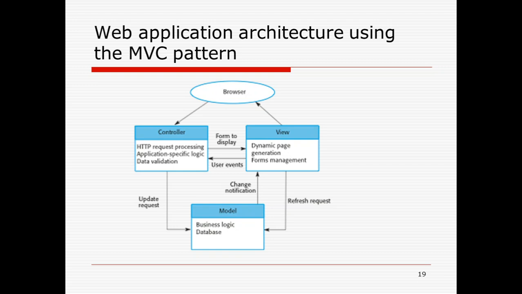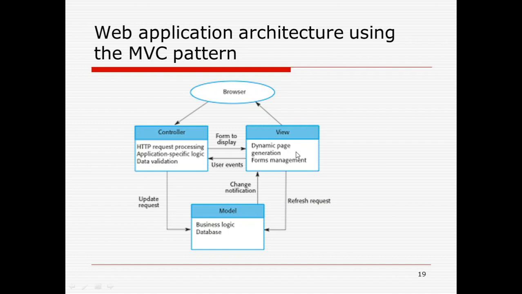So for web application architecture, the MVC pattern can be of this sort. Because it is viewed in the browser, the browser interacts with two components, the controller and the view. Every user passes commands through keyboard or mouse and interacts with the browser to get a particular view of the data.